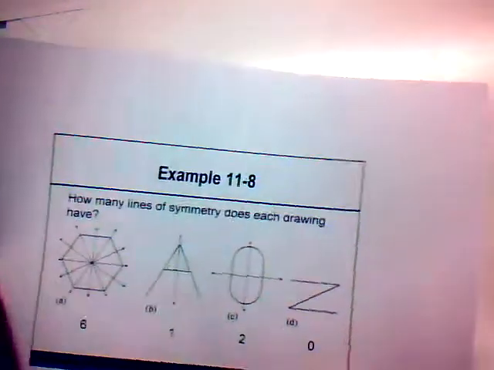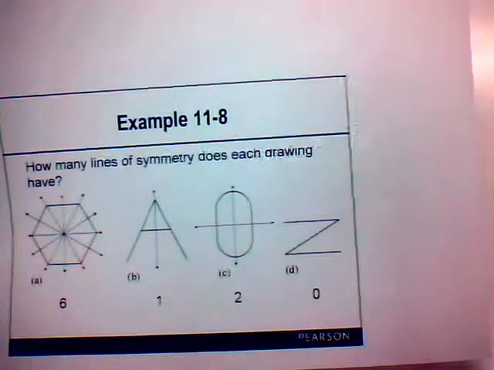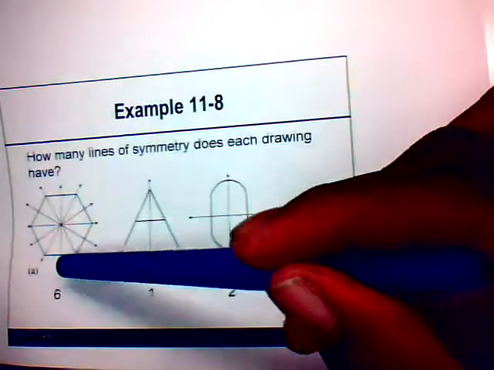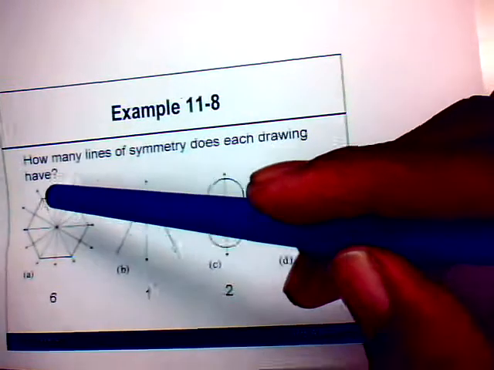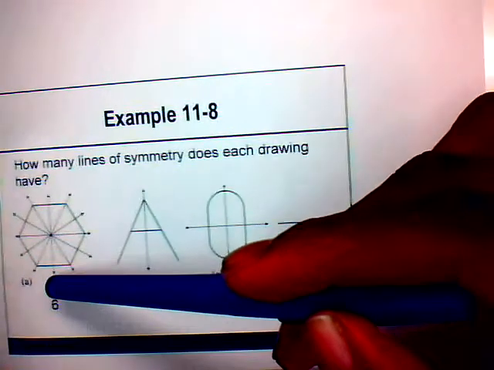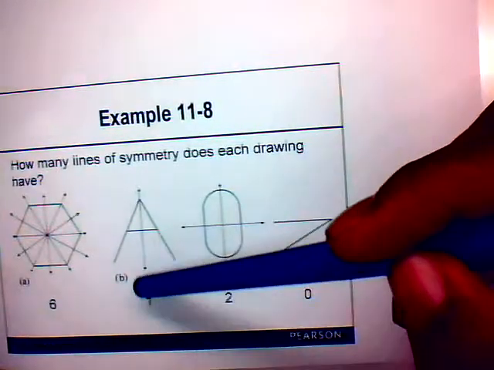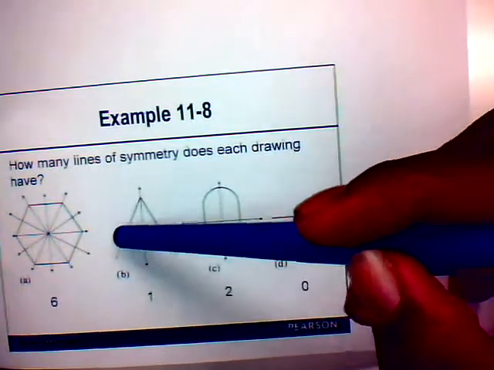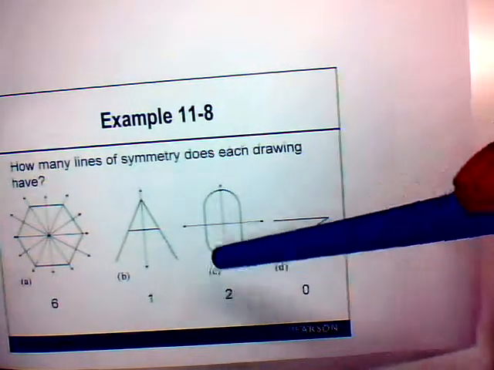And in this example, how many lines of symmetry can each drawing have? Like in this one right here, this one can have 6 lines of symmetry. Okay. This one only has 1, because the left side has a mirror image of the right side.